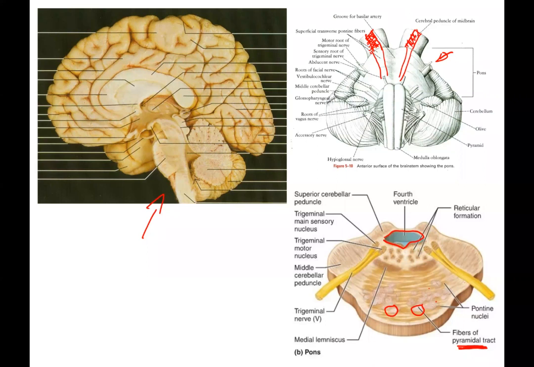If this is the central sulcus, maybe somewhere here, then this tract starts from this area, the primary motor cortex area, and comes all the way down, goes through the middle part of the cerebral peduncle, goes through the pons, and later when you do the midbrain, you will see that they go through these, which are called pyramids. You can call it the pyramid of the medulla. That is in the medulla, not in the pons.